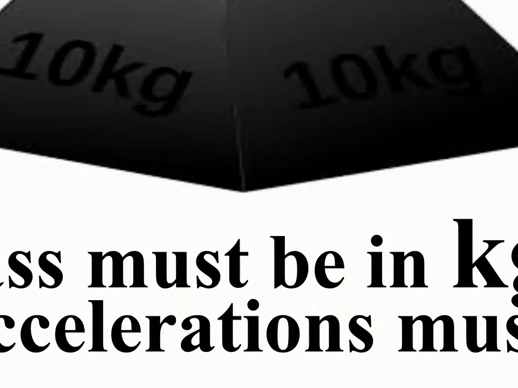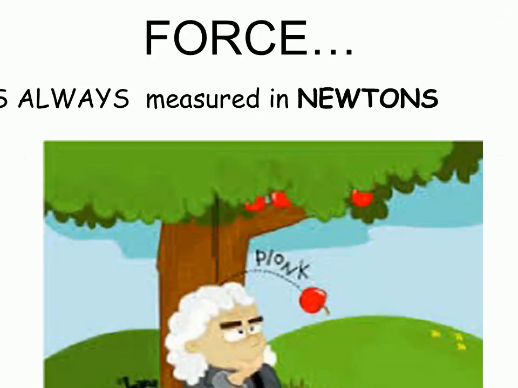Now, in order to perform these calculations, I always tell my students that the best way to do this is to have the mass in kilograms, and acceleration must be in meters per second squared. Once you get the calculations, you must put an N behind the answer, because force is calculated in newtons.